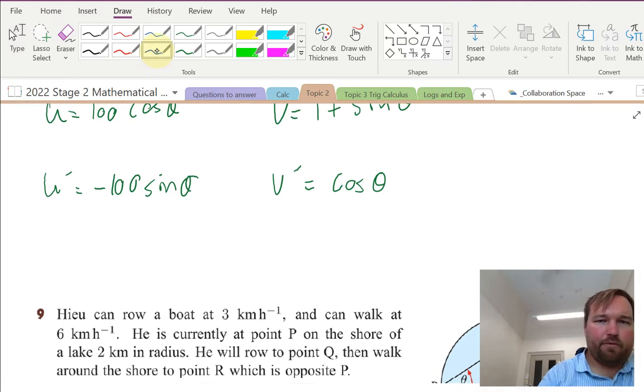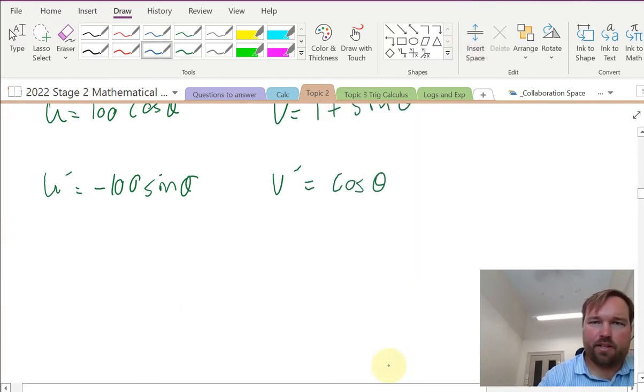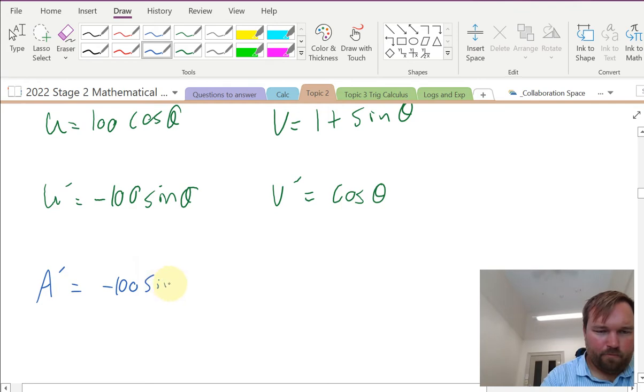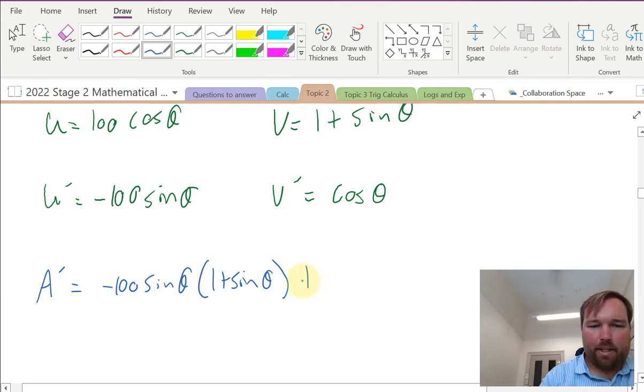All right, therefore, dA d theta, with respect to theta, A dash, is U dash V, minus 100 sine theta bracket 1 plus sine theta plus 100, well, cos theta times cos theta is cos squared theta.